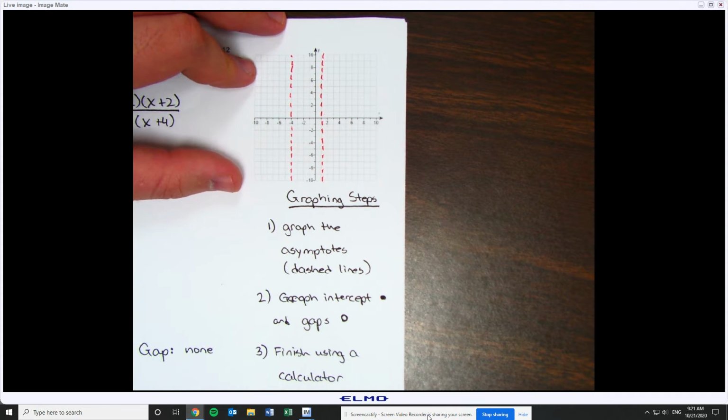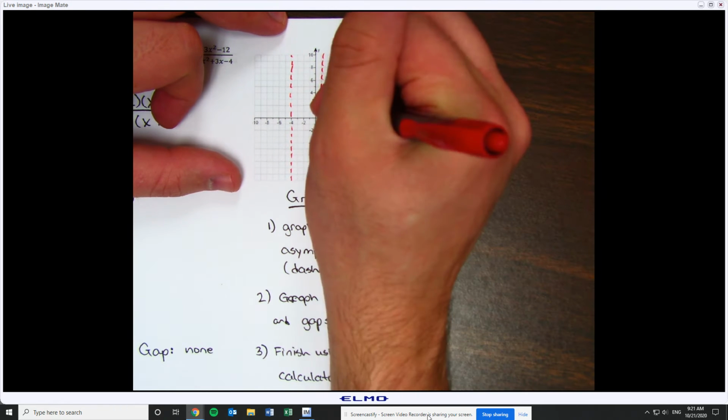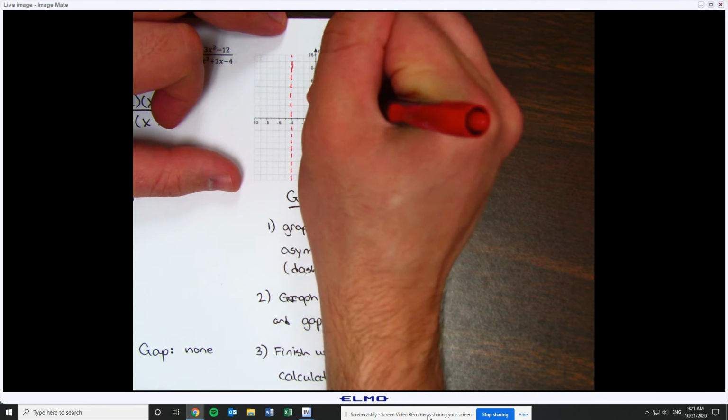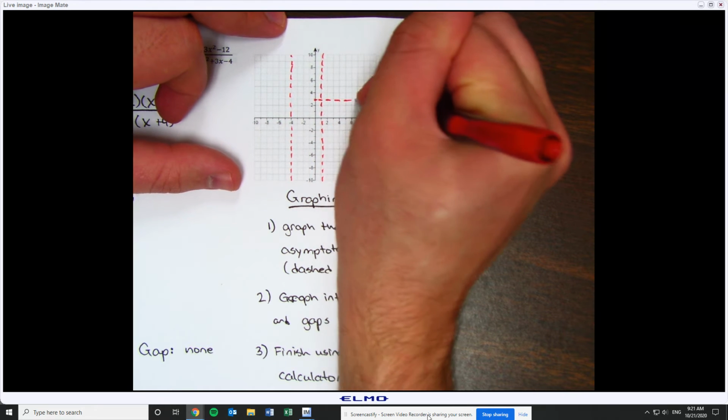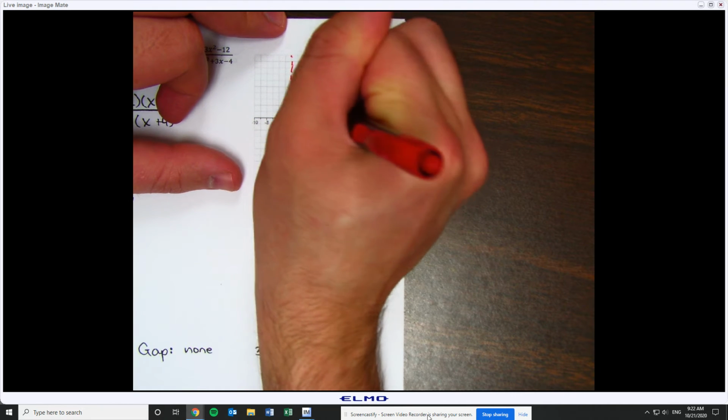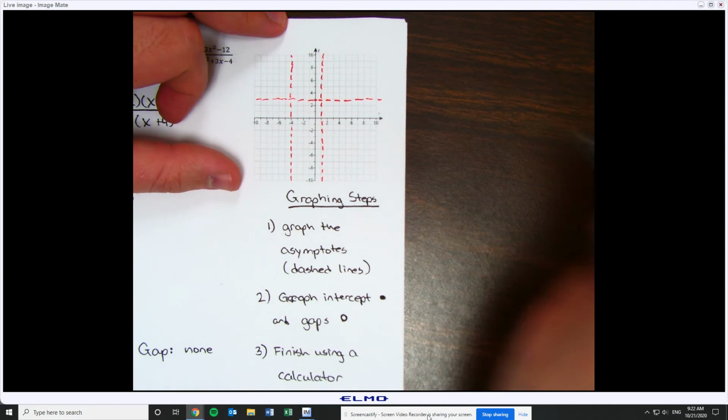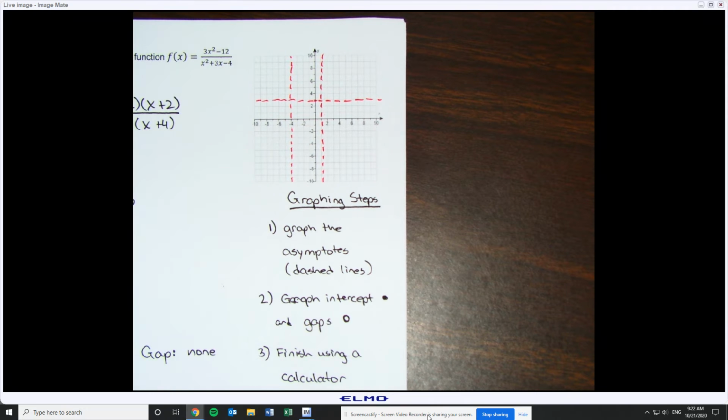Got it. My next asymptote is at y equals 3. So I'm going to go over here to where y equals 3. And horizontal means side to side. Got it. So I have my asymptotes on there.